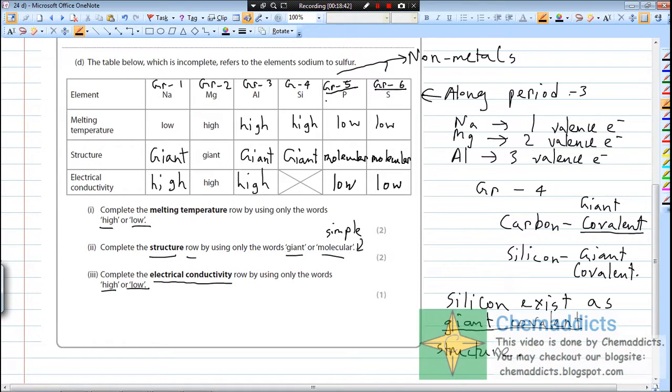So for non-metals, this will have low electrical conductivity. The same goes for phosphorus, and the same goes for sulfur.